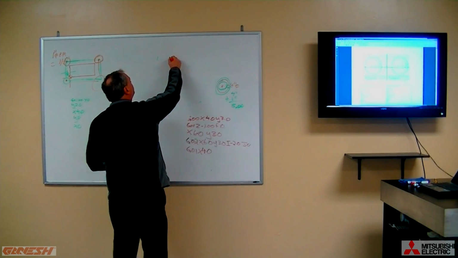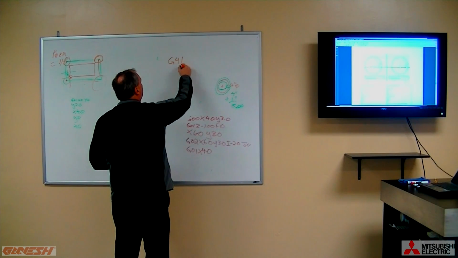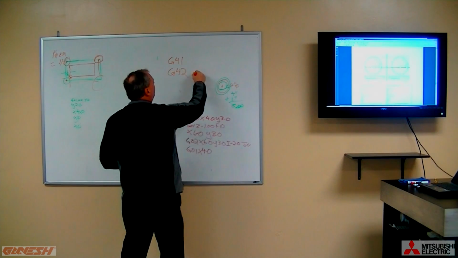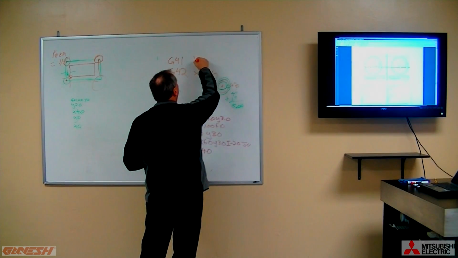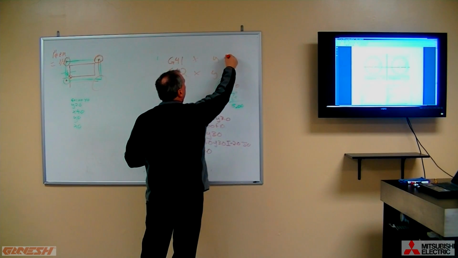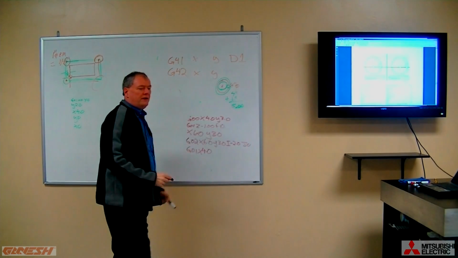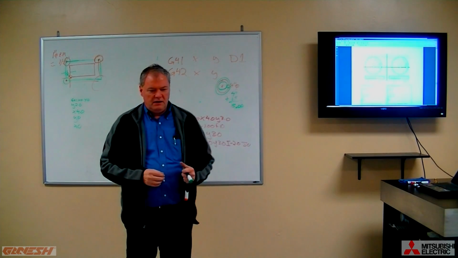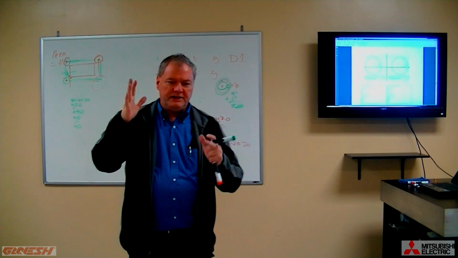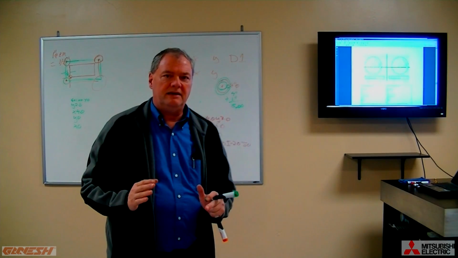There's a command called G41 and a command called G42 that are used in conjunction with X and Y movement and the letter D, which kicks in a diameter register value that's stored in a register just like the tool length is.